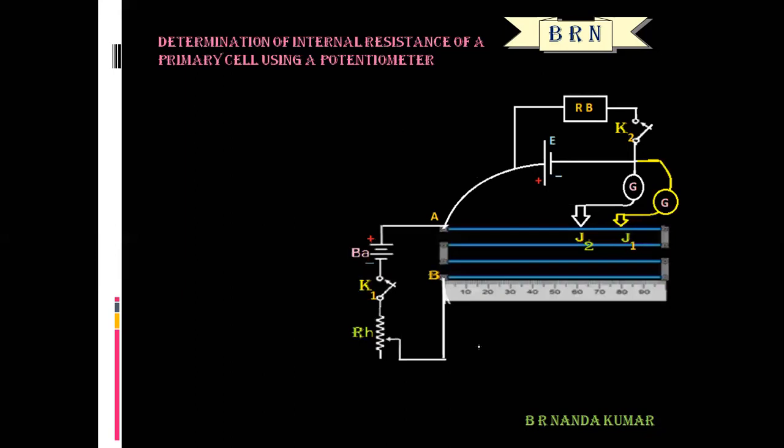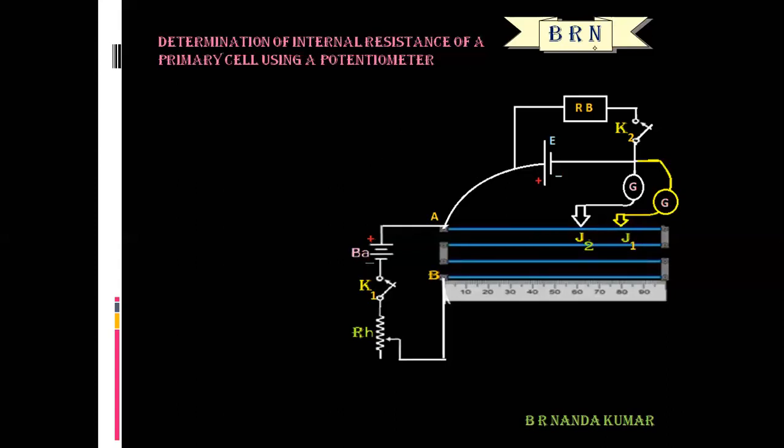This is the circuit diagram. This circuit diagram is used to find the internal resistance of a primary cell.